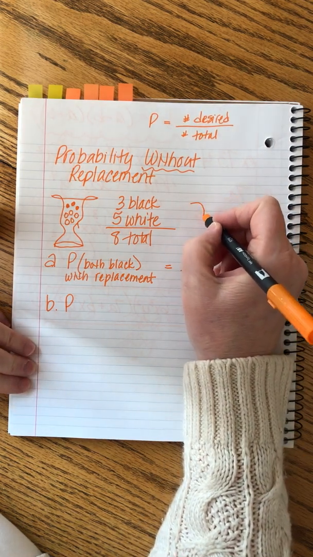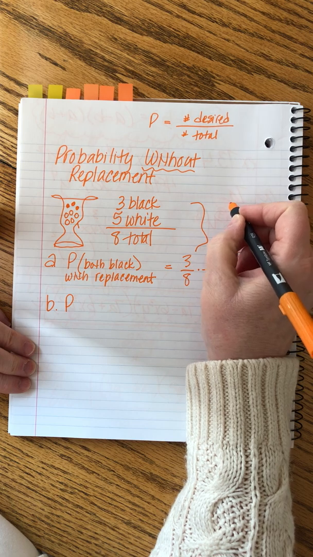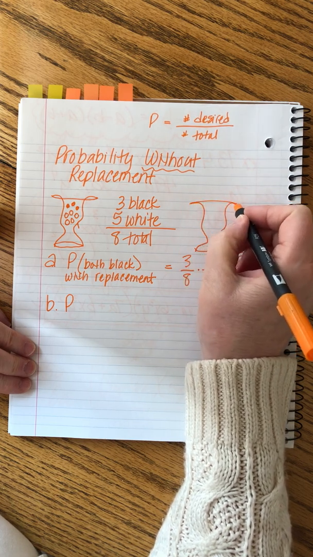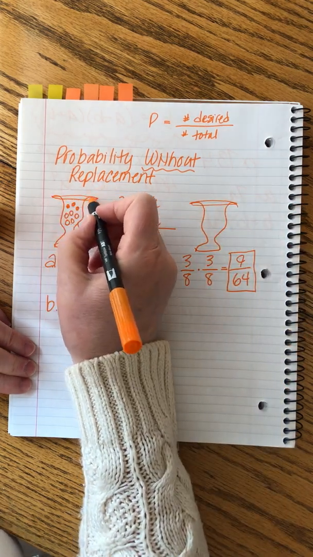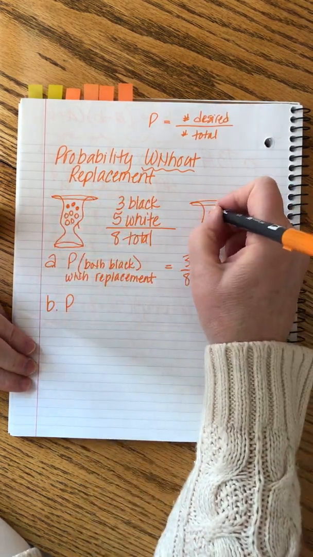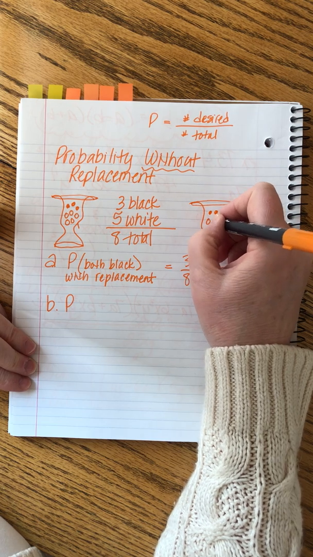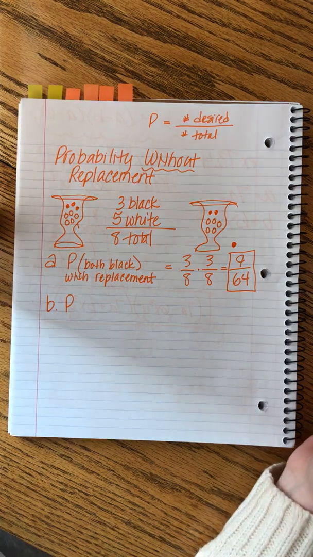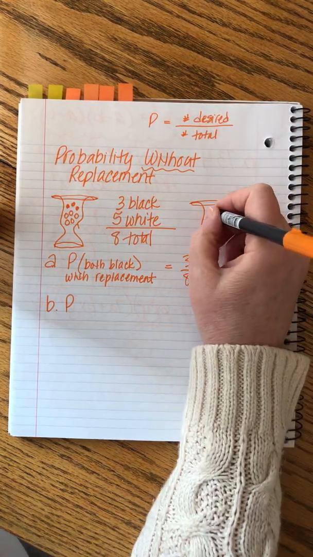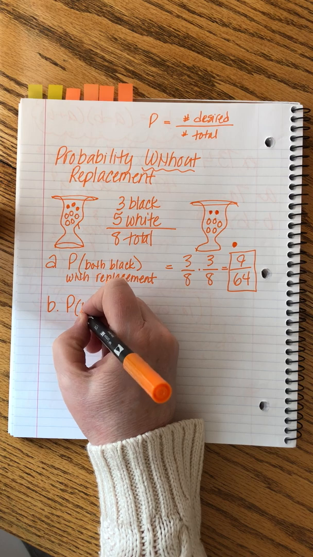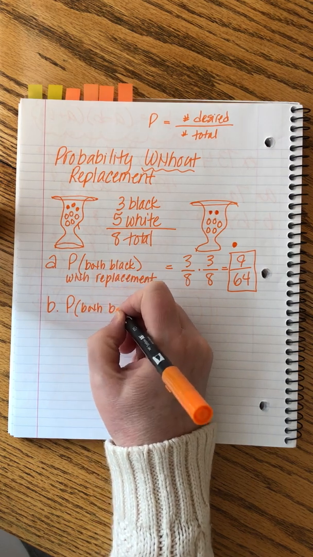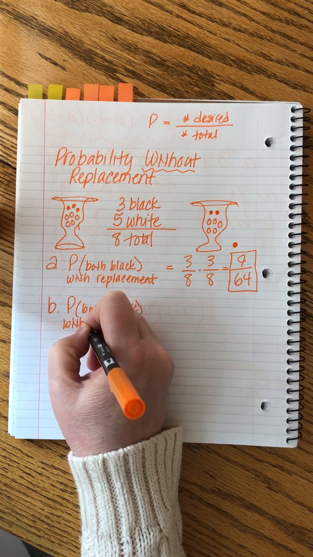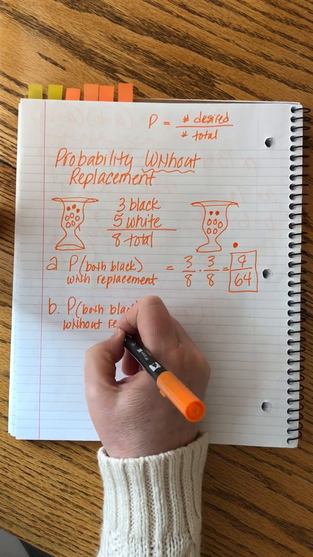Okay, so in this scenario, we take out one of the black ones and we set it down here on the tabletop after our first turn, right? That is called without replacement. So now we want to know the probability of getting 2 blacks in a row without putting the first one back.